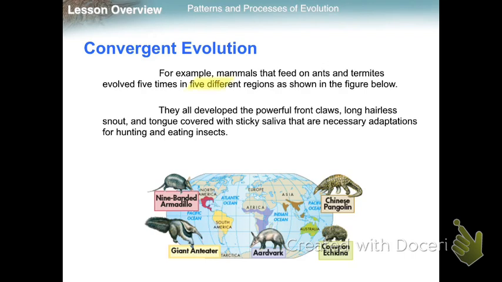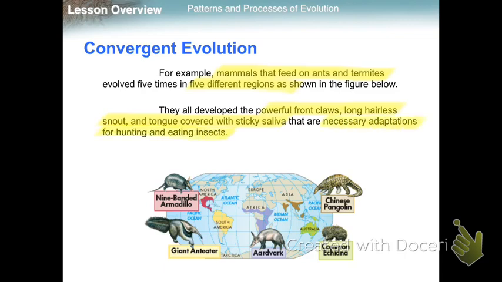There are 5 different regions of the world that contain mammals that feed on ants and termites. They're not related to each other closely, genetically. They have powerful front claws, long hairless snouts, a tongue covered with sticky saliva. These are all necessary adaptations for hunting and eating insects.